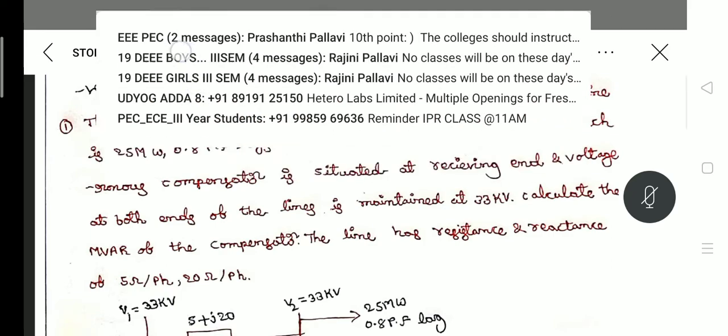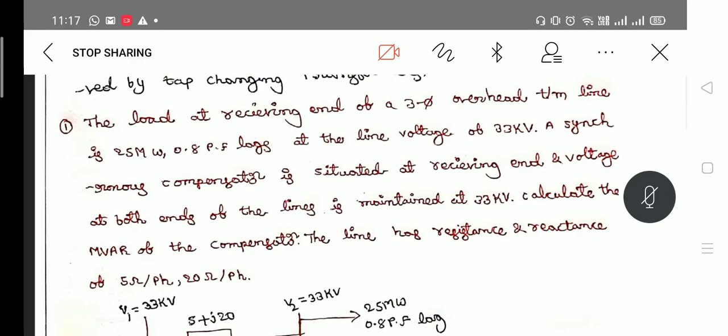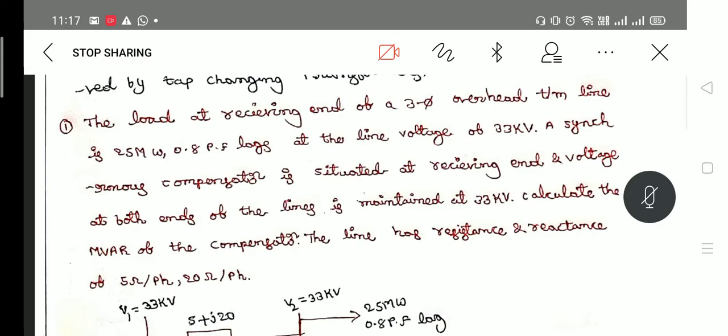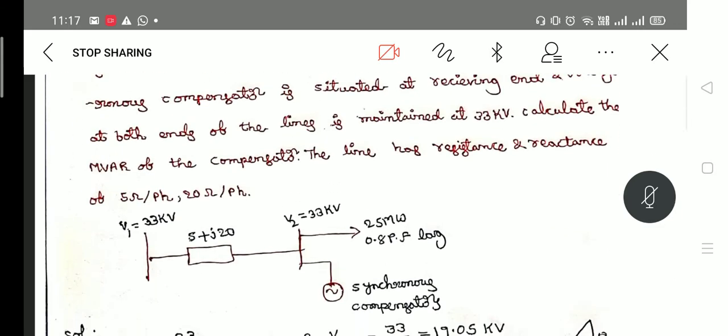A synchronous compensator is situated at the receiving end. Voltage at both ends of the line is maintained at 33 kV. Calculate the MVAR of the compensator. The line has resistance of 5 ohms per phase and reactance of 20 ohms per phase.